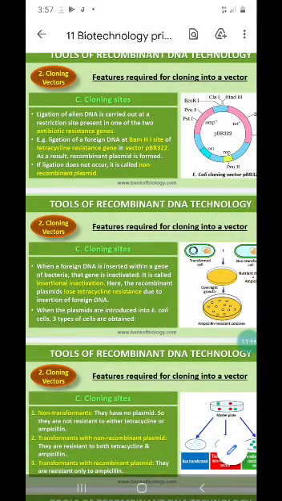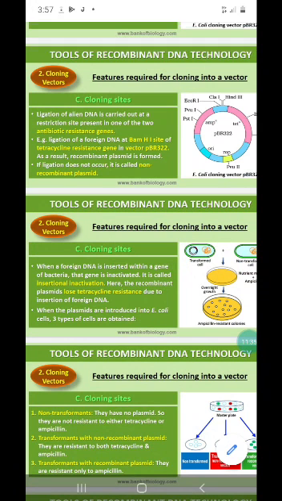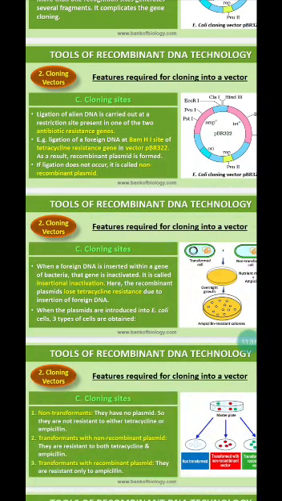So ligation, what is ligation? Pasting of alien DNA is carried out at a restriction site present in one of the two antibiotic resistant genes. For example, ligation of a foreign DNA at the BamHI site of the tetracycline resistant gene results in recombinant DNA, or recombinant plasmid, being formed.